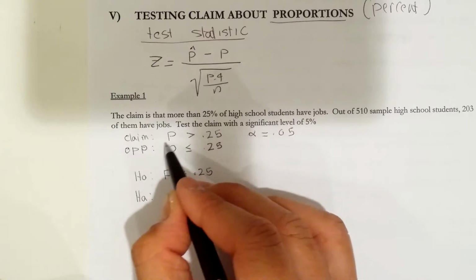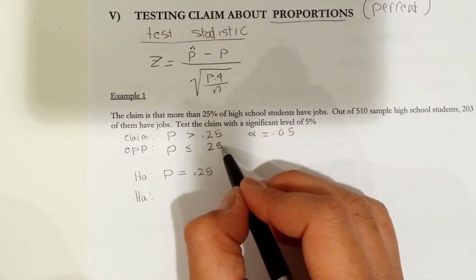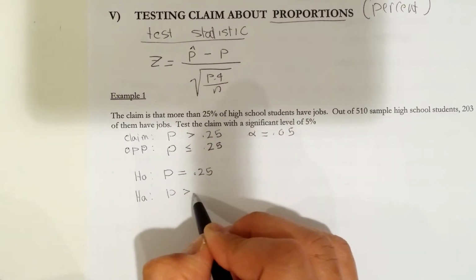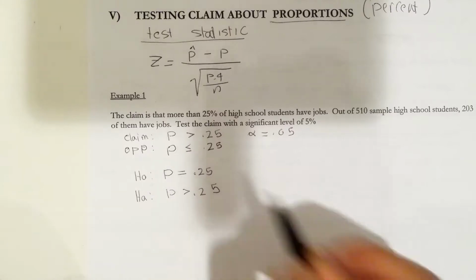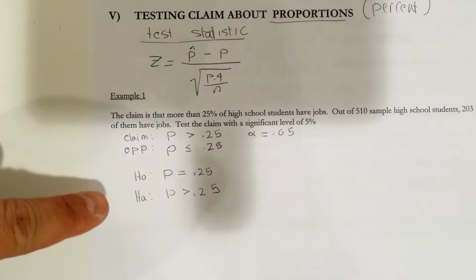Which means your alternative hypothesis has to be the other one, so p is greater than 0.25. That's setting up your hypothesis test.